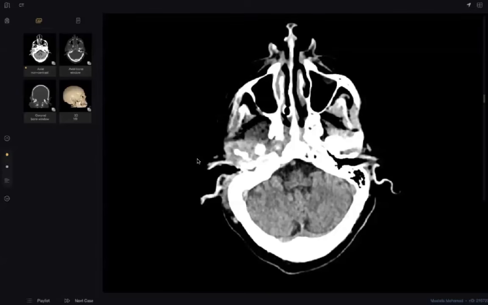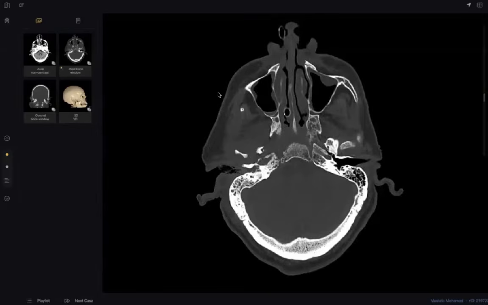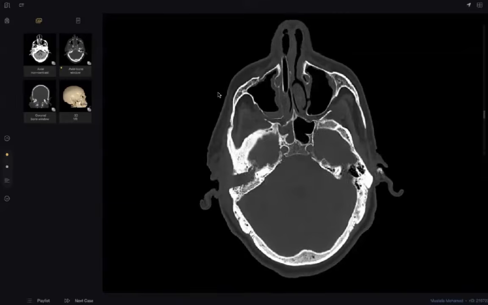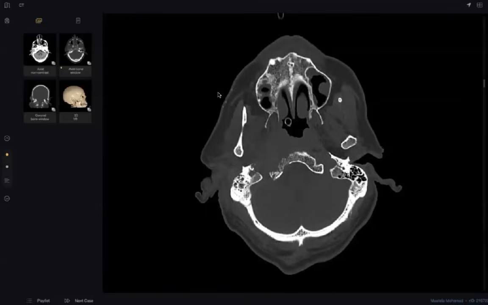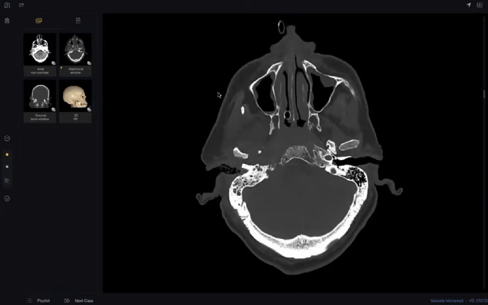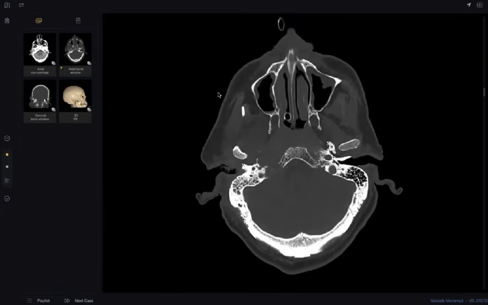I would like to check the bone window for further assessment. In the bone window, I noted sclerosis in the mastoid air cells with erosions, involving the petrous bone as well.